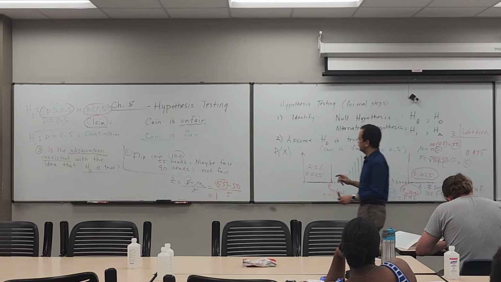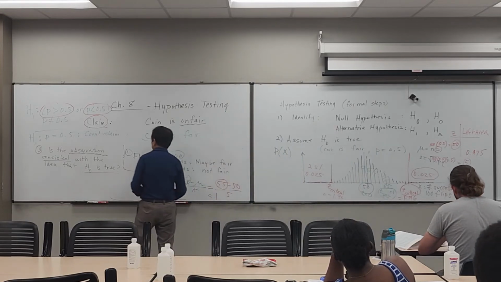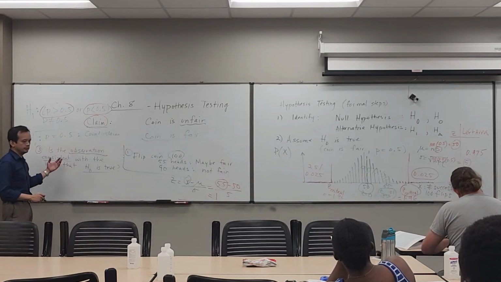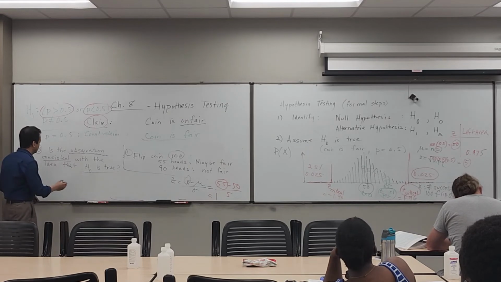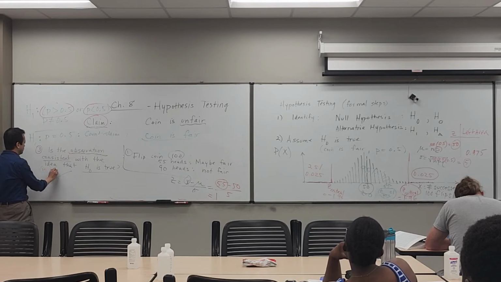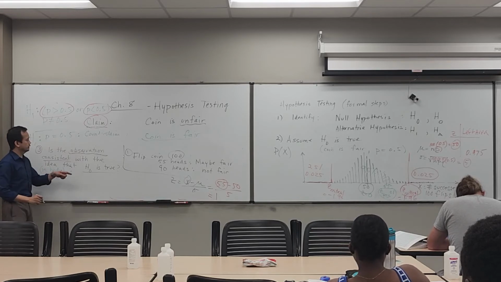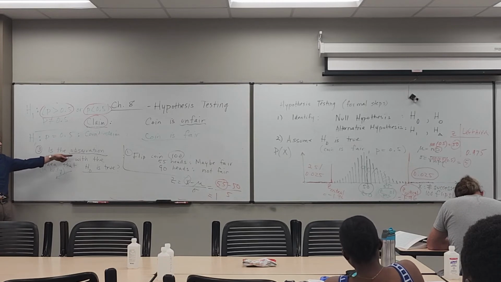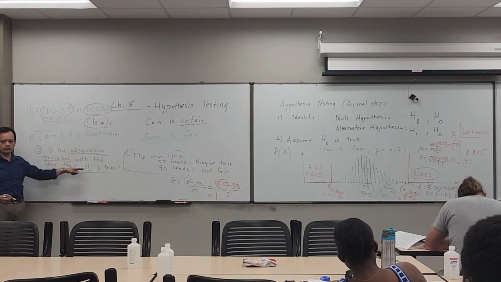Okay, so now that we've concluded that the observation is in the body of the distribution, now we're ready to make a conclusion. So recall that this is in the context of answering this question: is the observation consistent with this idea that H0 is true?